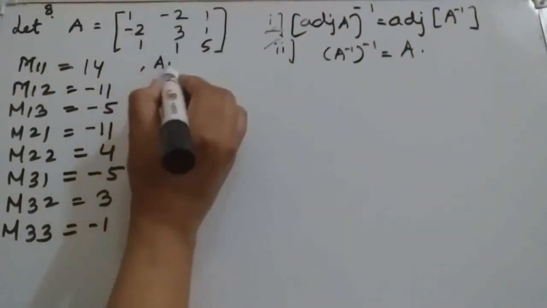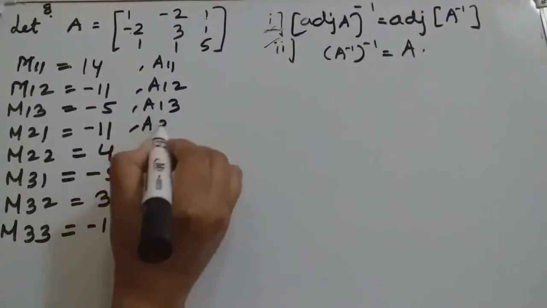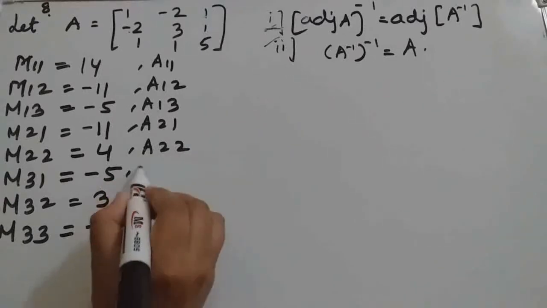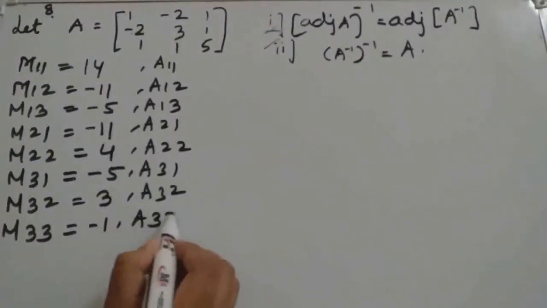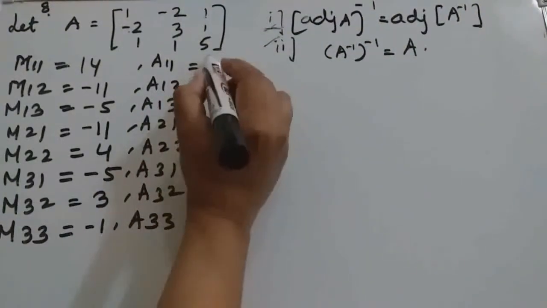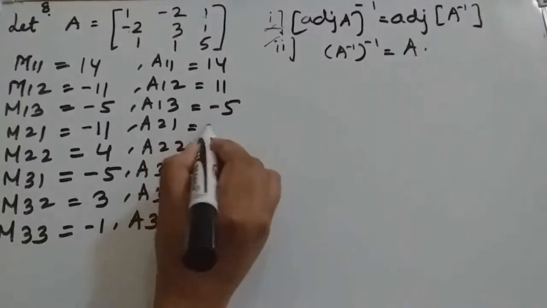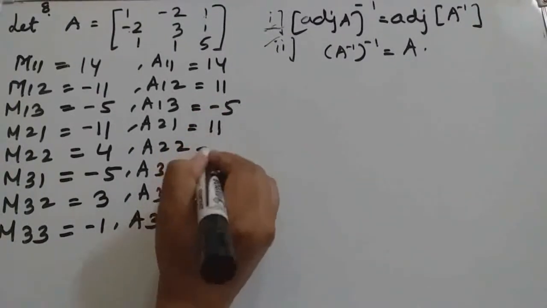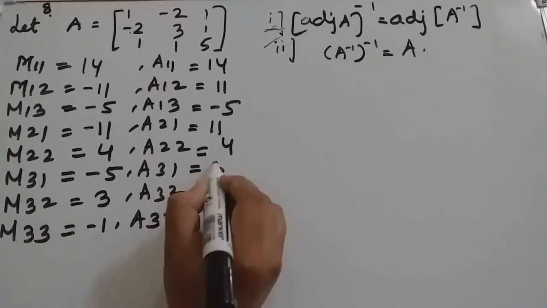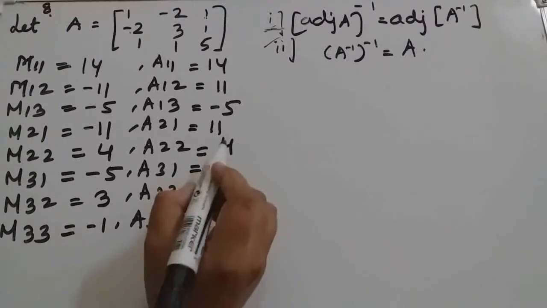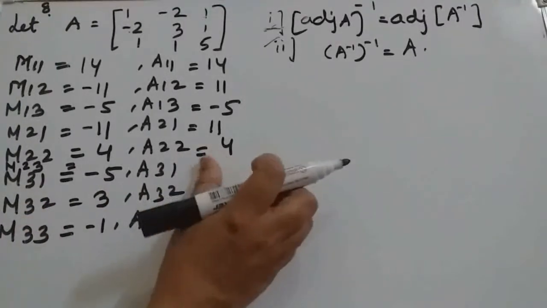So accordingly, cofactors will come here. So we can write same, sign change, same, sign change, that is 11, then same, sign change. I didn't find 2, 3 here, so 2, 3 should be found.